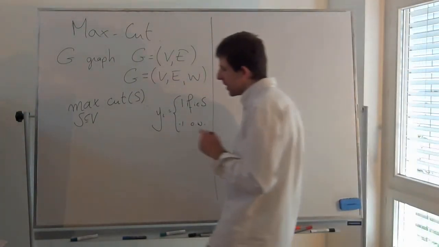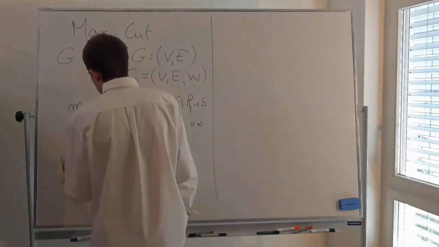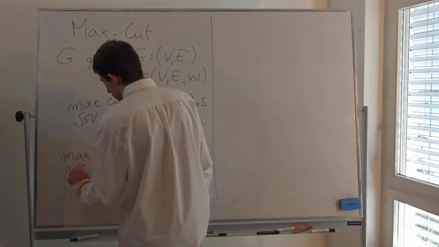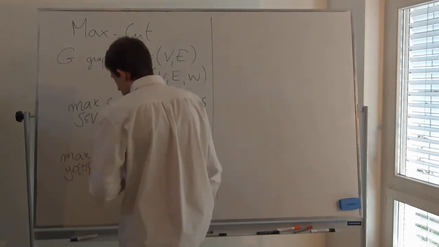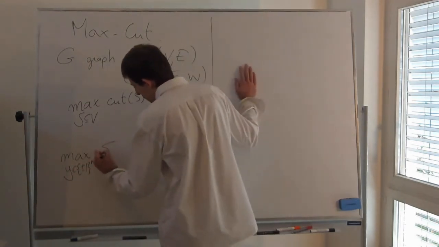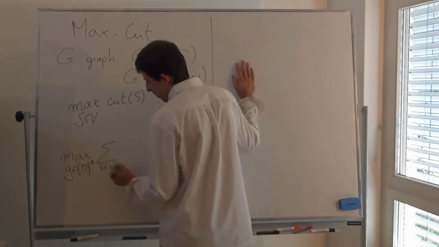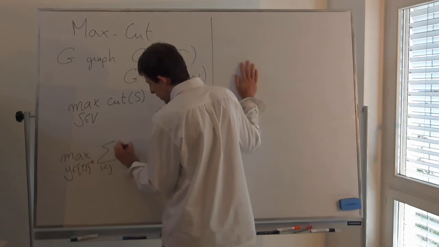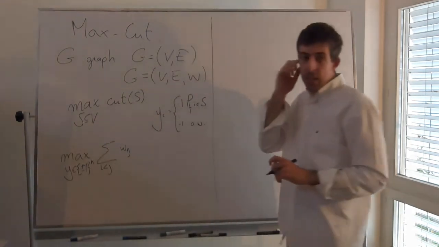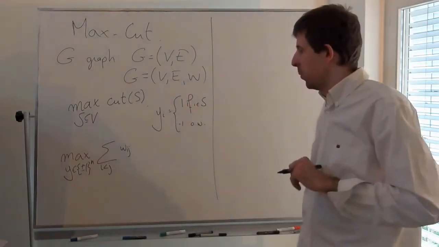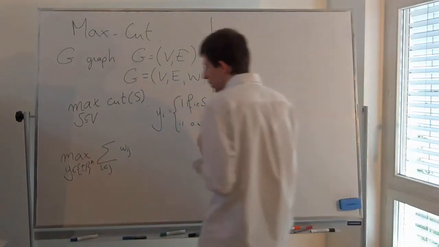Now we can write this in a different way. We want to maximize over all such vectors y with plus or minus 1 entries the sum for i smaller than j, and here we can have the weights, because the cut is defined as the sum of the weights of the edges that are cut; otherwise the sum is just the number of edges.